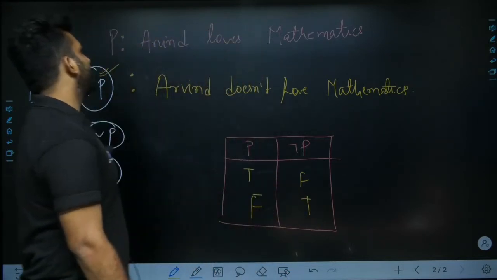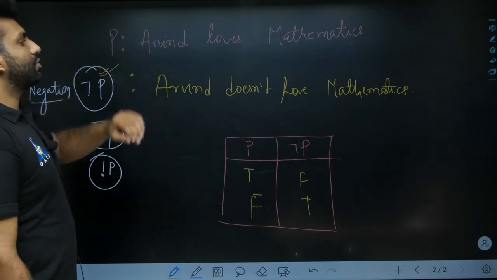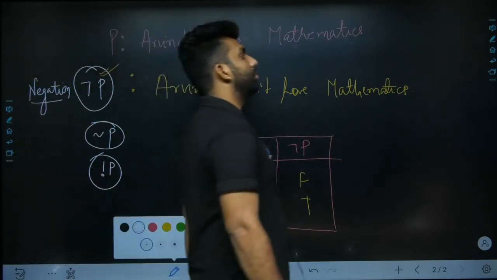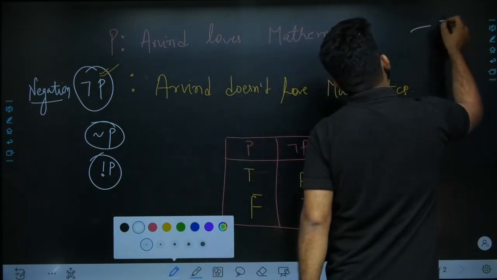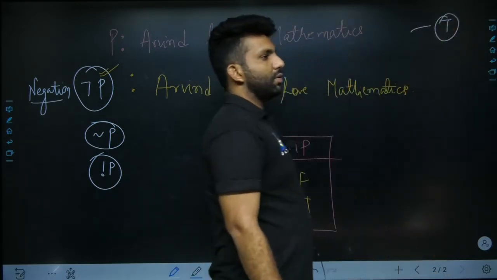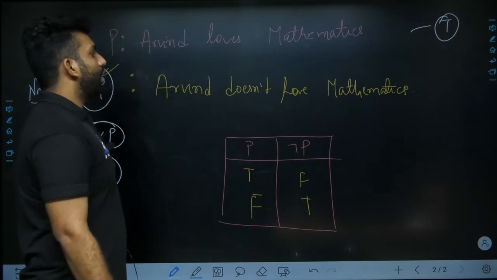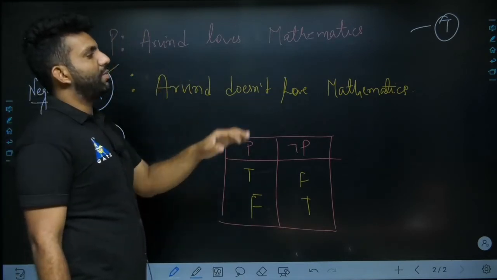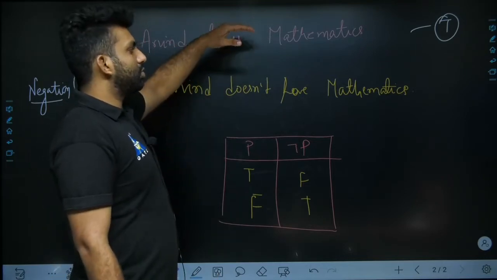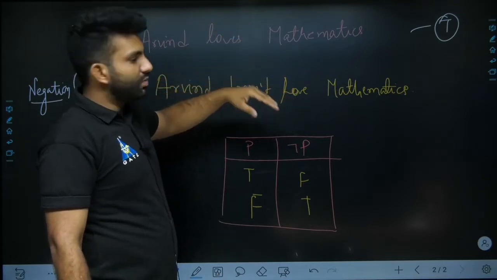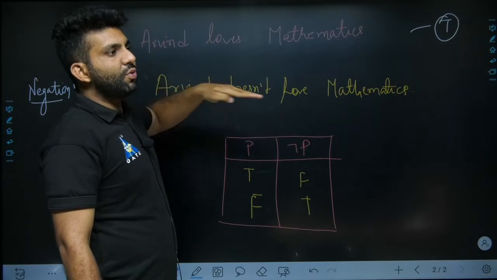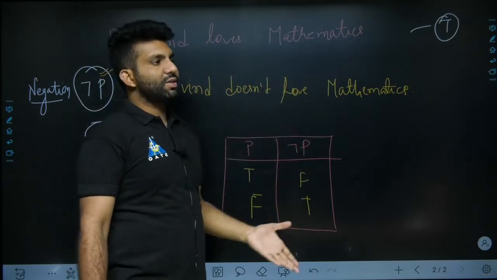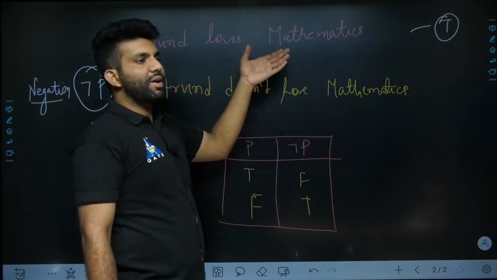For example, if Arvind loves mathematics was the proposition and its value was true, then what will be the negation of P? Negation of P is Arvind does not love mathematics. So if this was true, this has to be false. Arvind doesn't love mathematics is false because he loves mathematics.